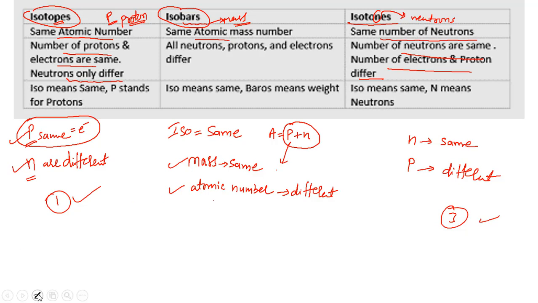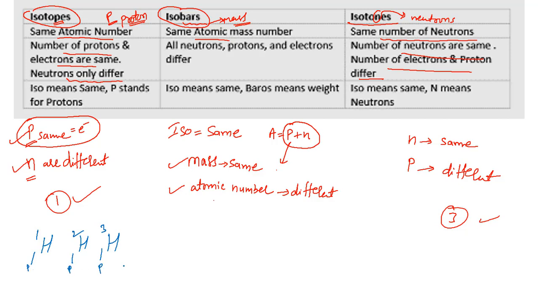Now I will give you a few examples. Isotope, protons same. I am giving 1H1, 1H2, 1H3. These are the number of protons.